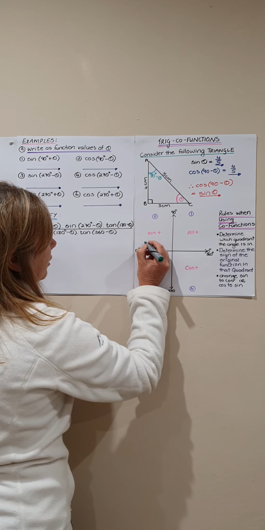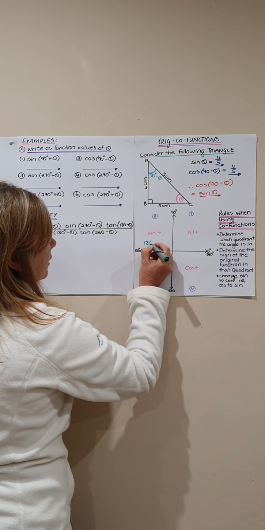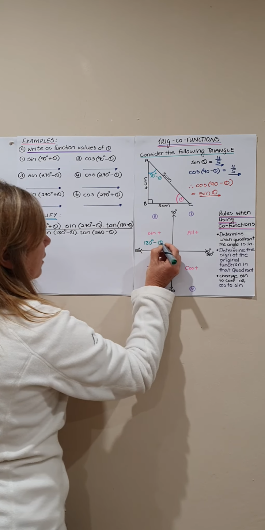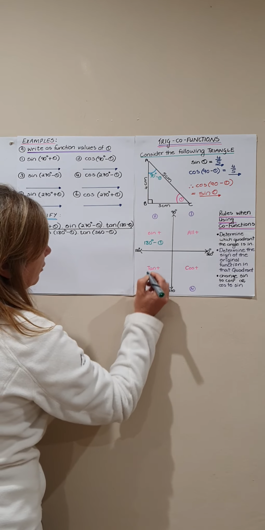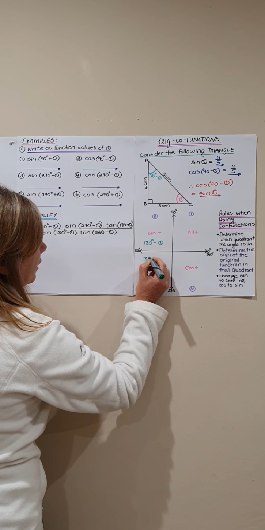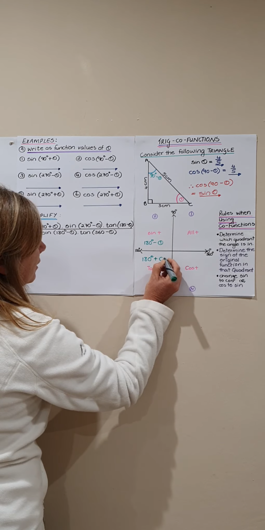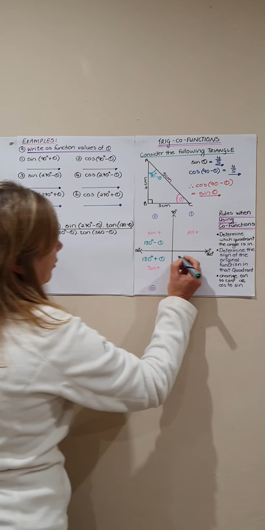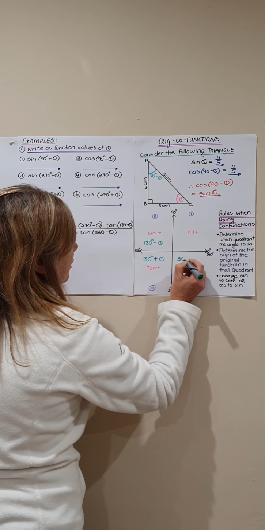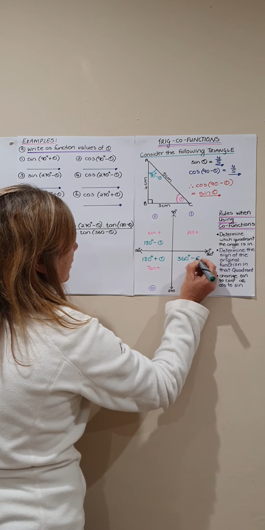We said it was going to be 180 degrees minus theta. An angle in the third quadrant we said was going to be 180 degrees plus theta. And an angle in the fourth quadrant was going to be 360 degrees minus theta.